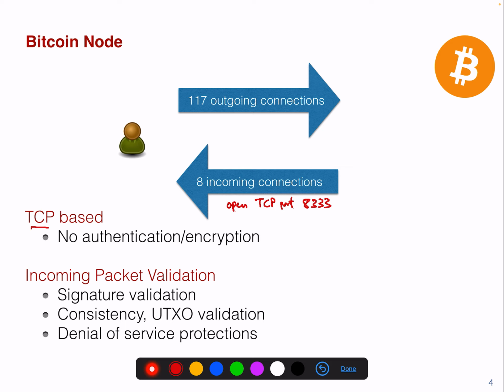Once you receive a packet, either through the outgoing or through the incoming connections, there's a so-called packet validation that is done. So you validate the signature of the transaction, you validate the consistency of the transaction, you check whether the unspent transaction outputs were spent or not, whether they're actually unspent. And there are a few DoS protections that we'll look at in a bit.